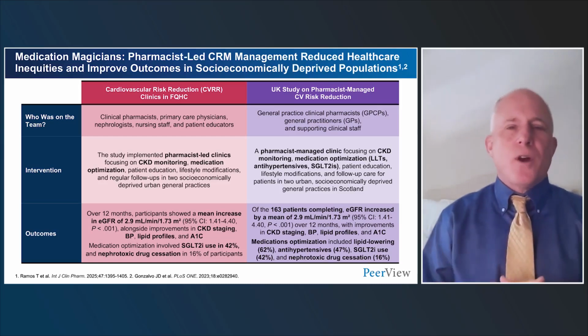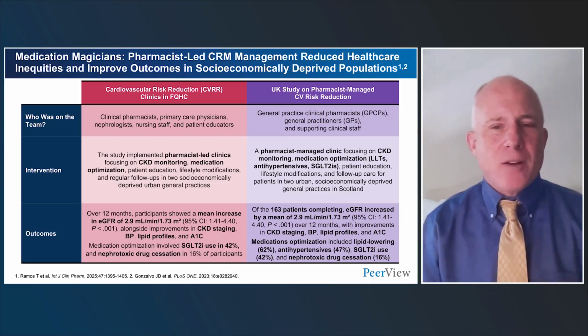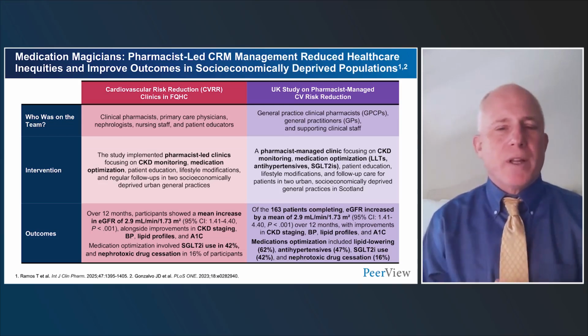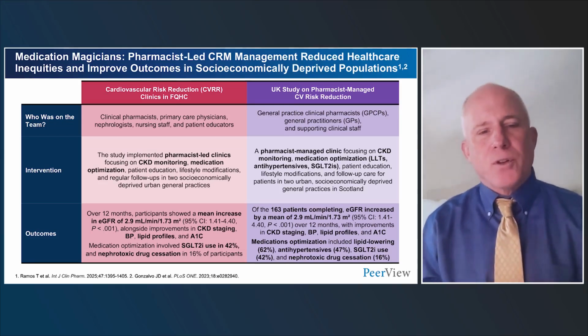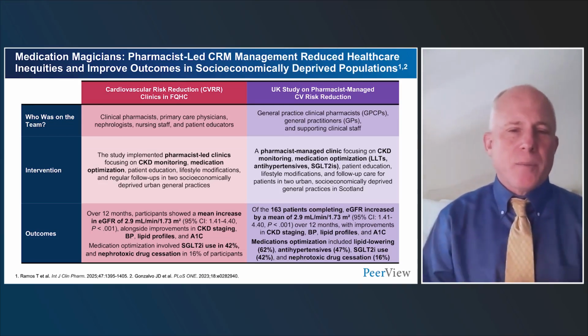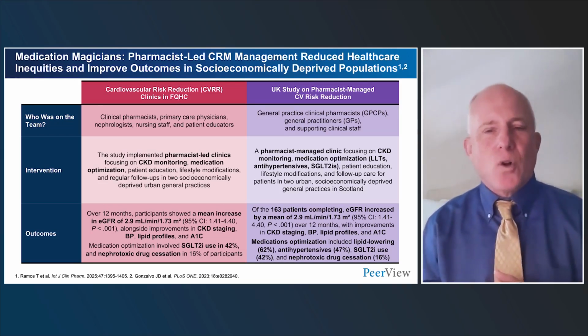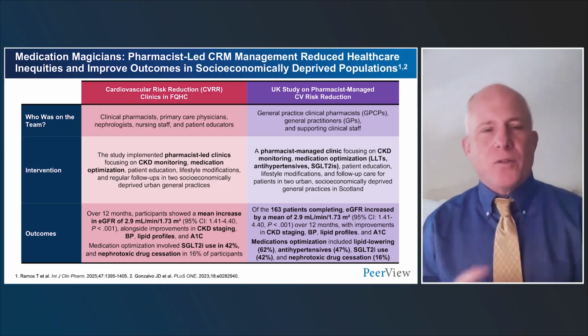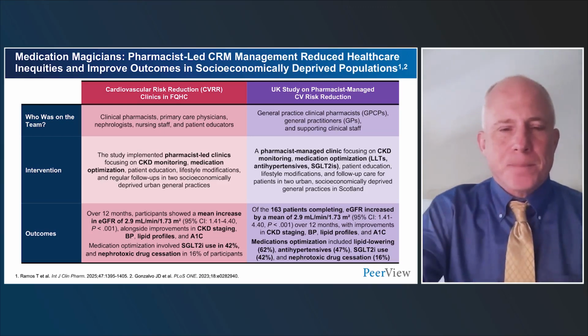And then certainly we know that pharmacist-based team management has also been quite effective. And we have seen that when you have a pharmacy-driven algorithm, you really can get benefit in terms of reducing A1C, reducing lipids, and getting patients to goal quicker. And this has been shown both in the US and also in the UK.